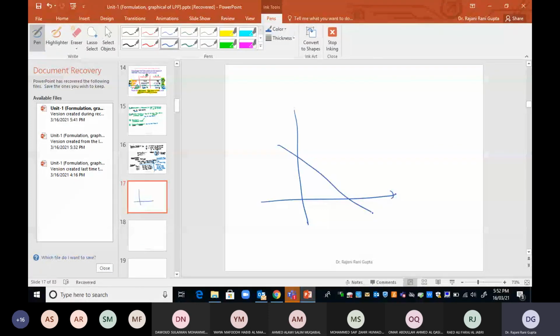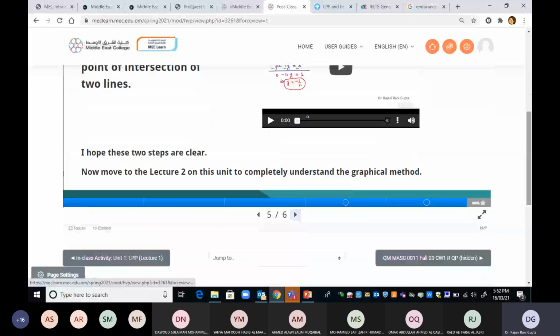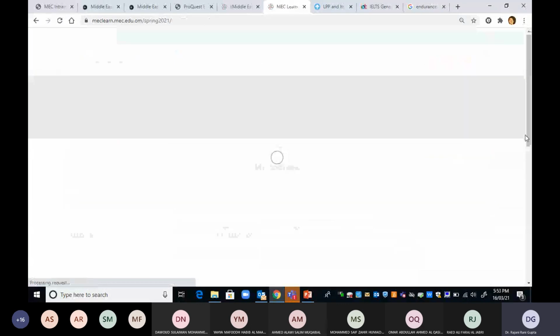What are the coordinates of this point? How to find this is mentioned over here. All these things are basics which are required for the graphical solution of a linear programming problem. So you need to go through this post-class material as well as the pre-class material before coming to the next class.